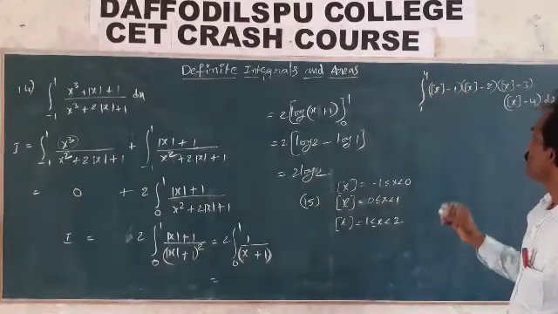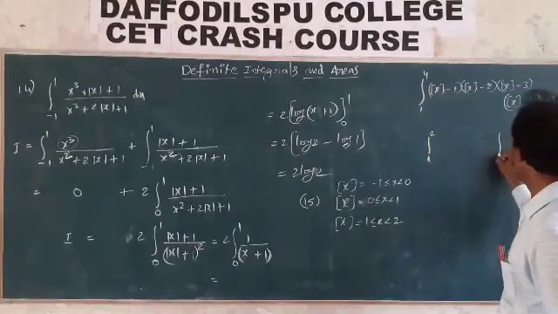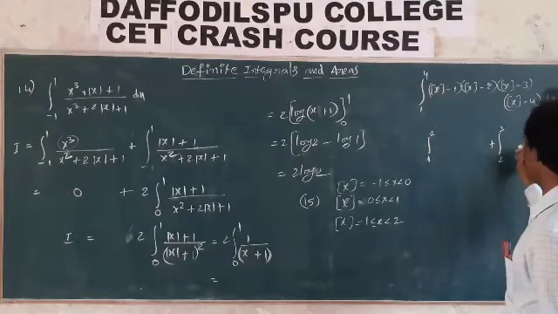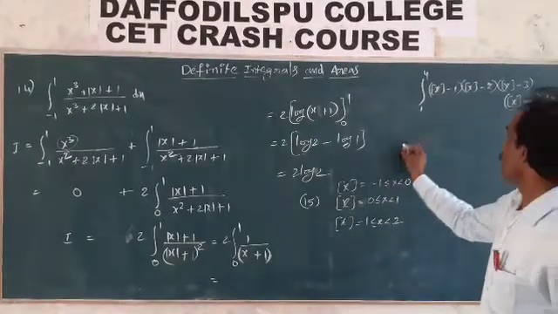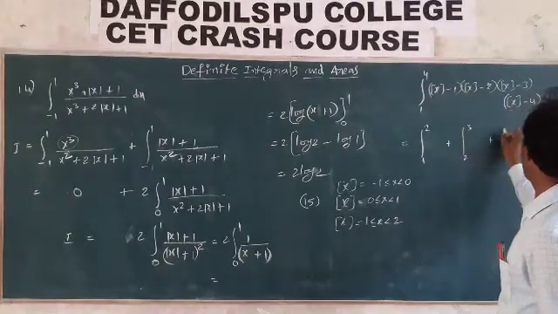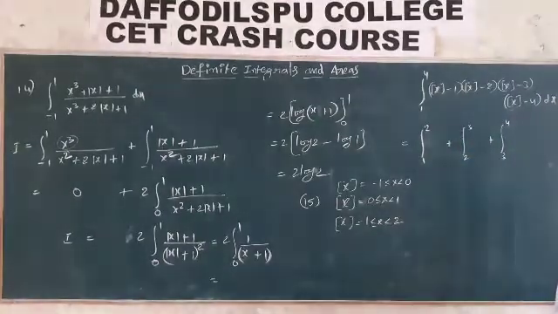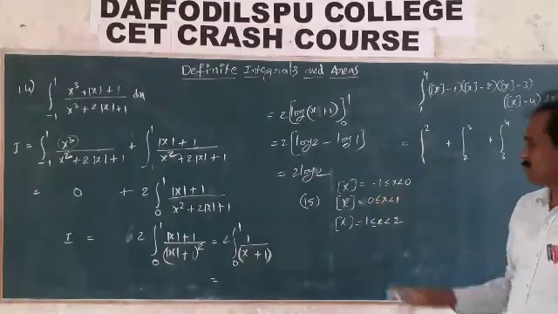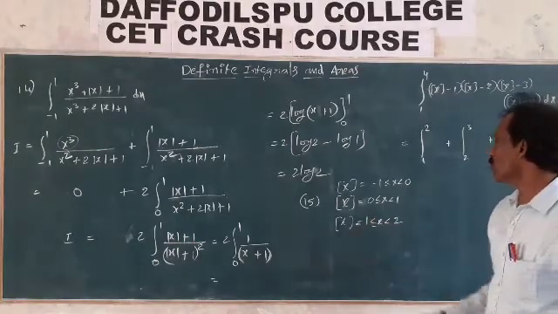This value we split into 1 to 2, 2 to 3, and 3 to 4. Between 1 and 2, the step x value is equal to 1, the greatest integer function value.